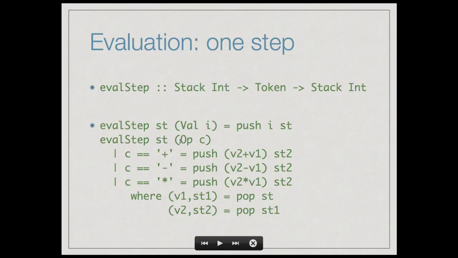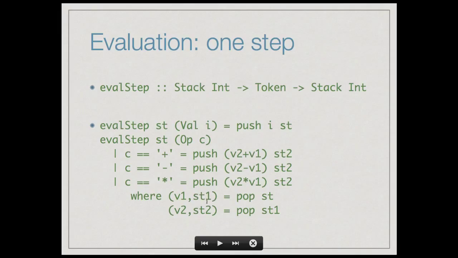evalStep st (Op c) is push (v2 plus v1) onto st2 if c equals plus. Here v1 is the value on top of the stack given by pop st, and v2 is the value that is second from the top of the stack, which is given by pop st1. Recall that pop is a function that returns a pair: the top element of the stack and the stack that you obtain from removing the top element from the stack.